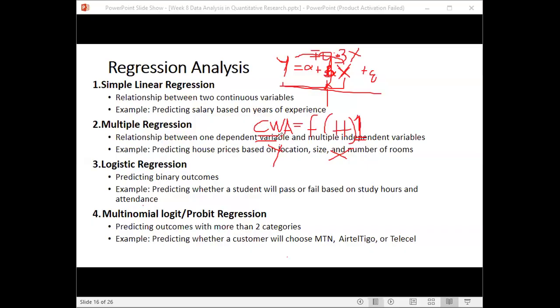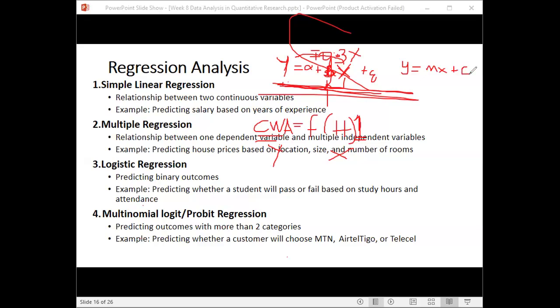Okay, so the linear regression is just looking at how we have expressed our equation. It's in a linear form, right? We all know y is equal to mx plus c.